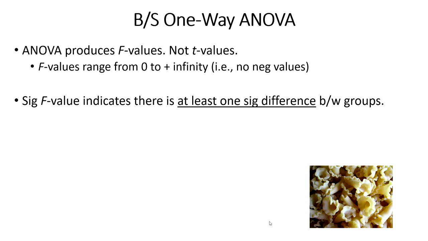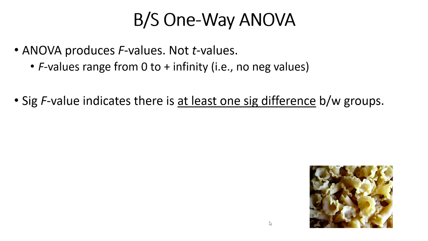And then with any inferential test, we calculate the inferential value and then we find the associated p value. So for every F value, we're going to have a p value. What ANOVA is doing is evaluating the differences simultaneously between all the groups.